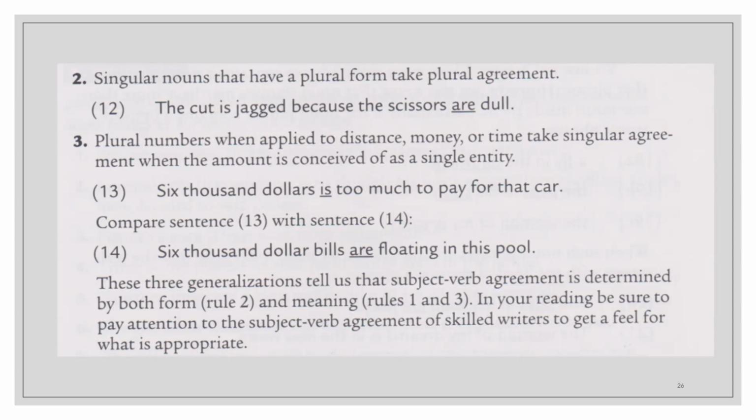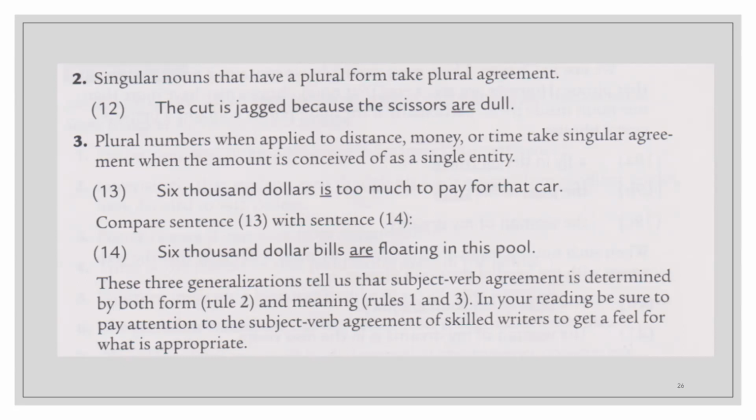That's obviously plural. There's an S on the noun dollar. There's a number, 6,000. So this is a plural noun phrase, but we don't use the plural form of the verb to be. I do not say $6,000 are too much to pay.